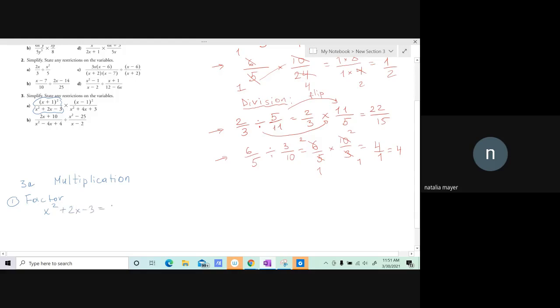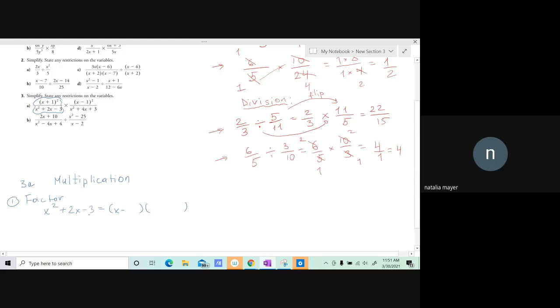Okay, please, your suggestions for factored form. X minus 2 and X plus 1, I think. Or X minus 1 and X plus 2. Other suggestions?